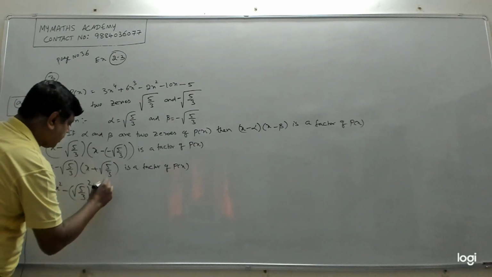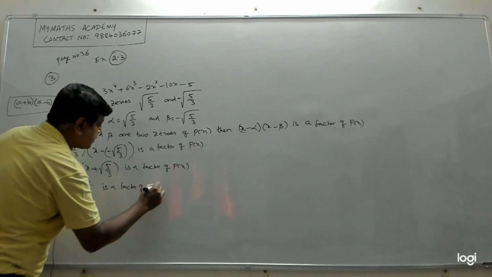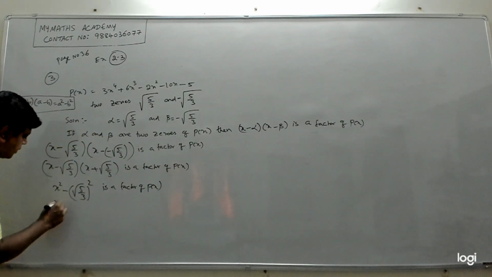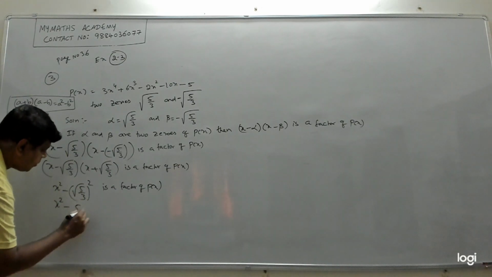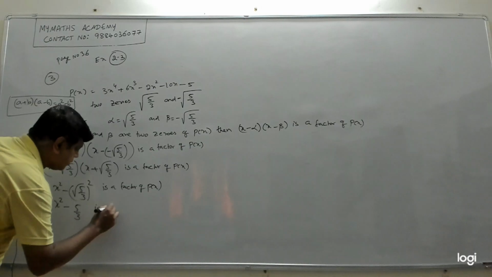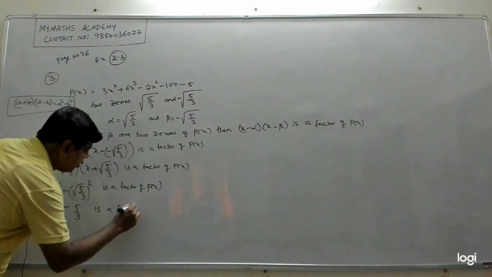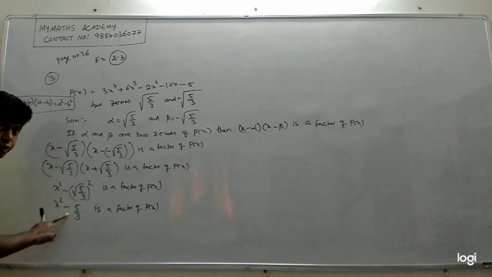So x square minus root of 5 by 3 the whole square will give you 5 by 3, is a factor of p of x. Now we can try to avoid the fraction.